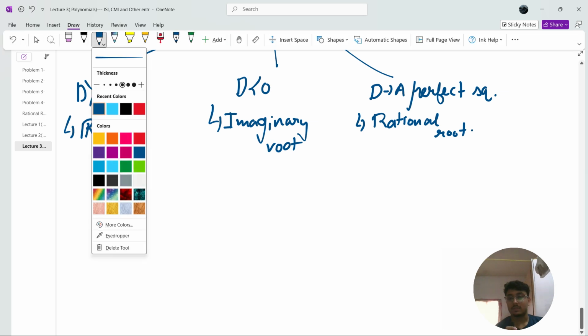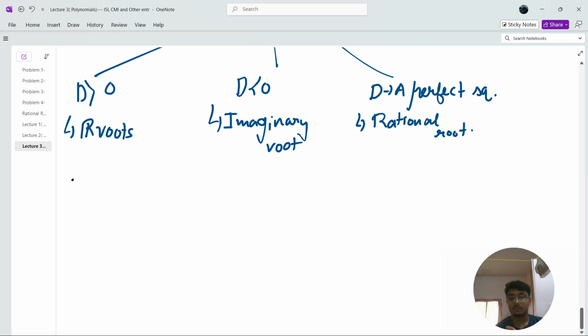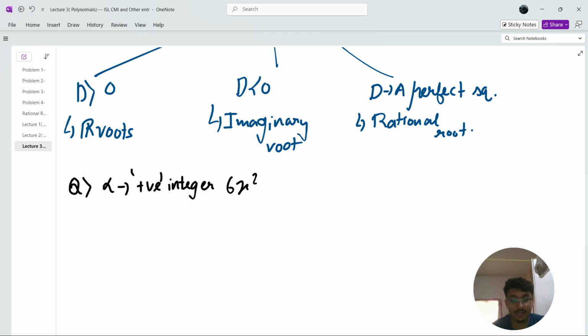So let's check my black one. Question: alpha is given to be a positive integer and the roots of the equation 6x square minus 11x plus alpha equals 0 are rational numbers.